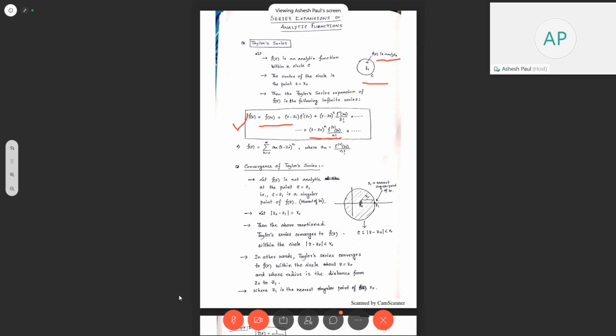Since it is an infinite series, there are infinite number of terms in the series. In summation form, we can write f(z) equal to summation n runs from 0 to infinity a_n into (z minus z0) whole to the power n, where a_n equal to nth derivative of f at the point z0 by factorial n.